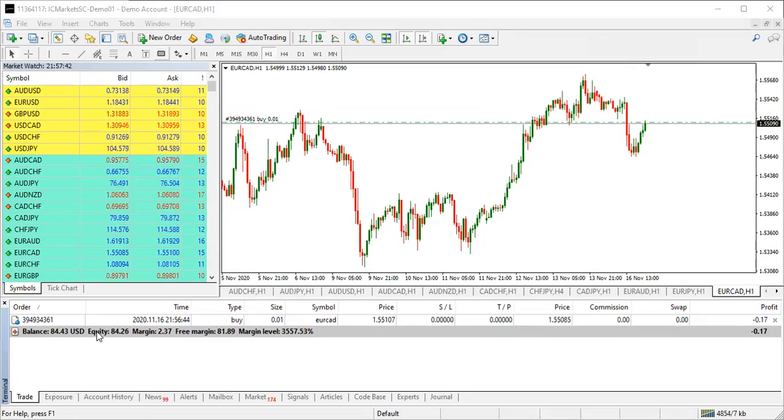So this equity is the amount that is available for you to take the next trade, which is your account balance. You may be thinking, is this my balance? Yes, this is your balance. But after you have taken this trade that is running, then this is the remaining amount.